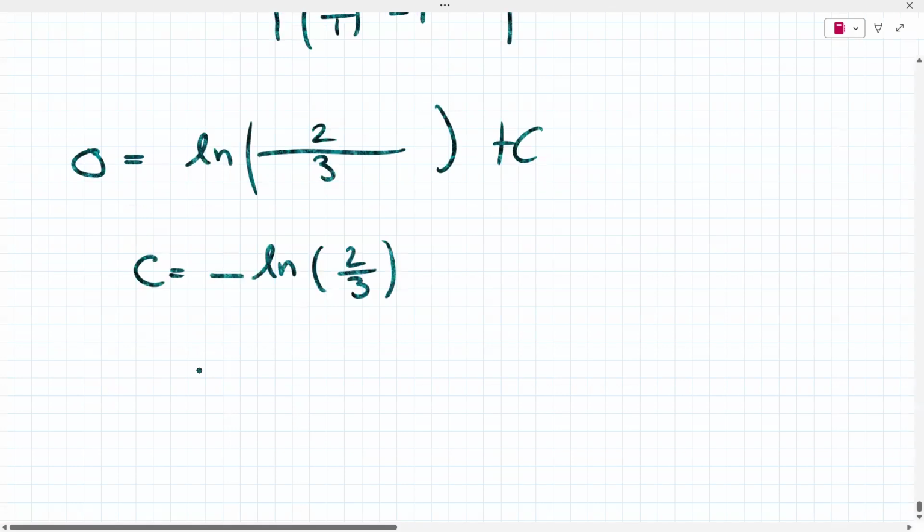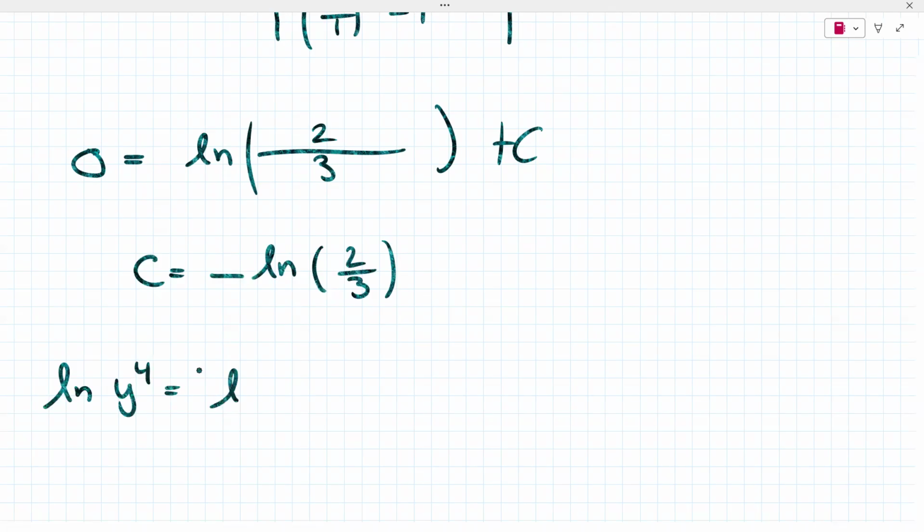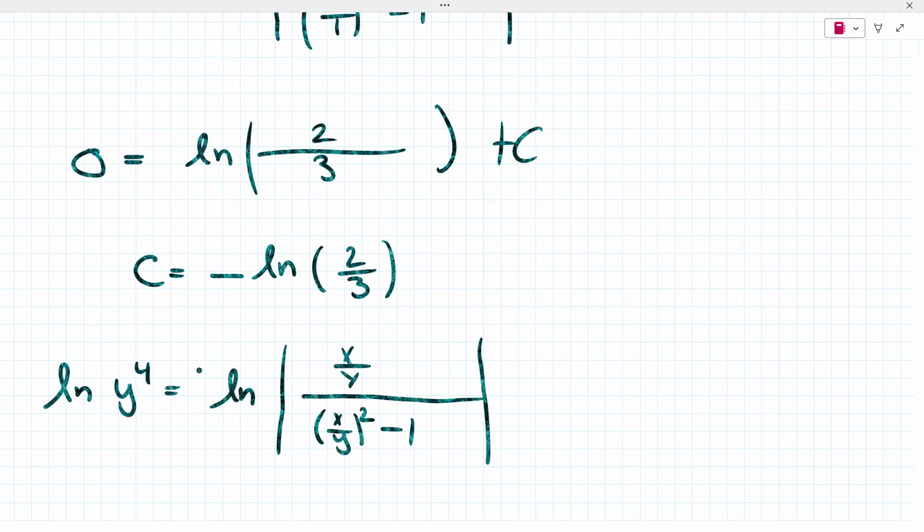Okay, so your final answer will be ln of y to the fourth equals ln of x over y over x over y squared minus 1, plus your c, which is minus ln of 2 over 3.